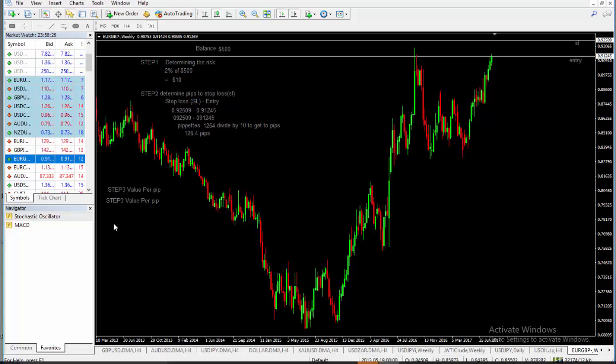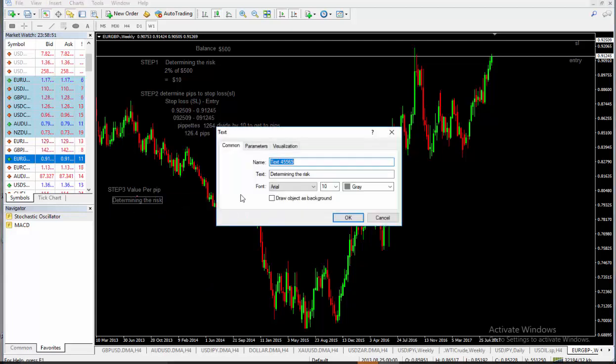Now to determine the value per pip, what we must do is take our risk and divide our risk by our pips to stop loss.